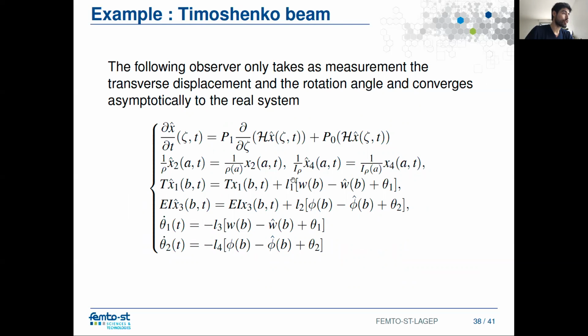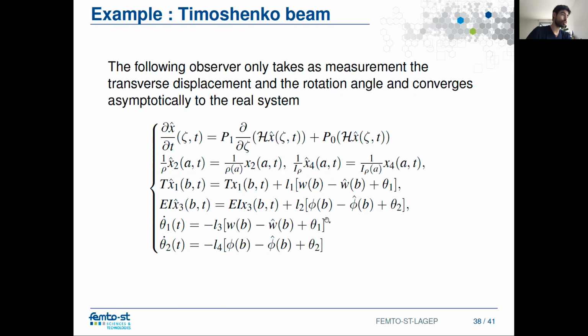And we have the other two that are given by this with two design parameters and with the sensing, which is w_B and phi. It's the displacement at the right side and the angular displacement also at that side.